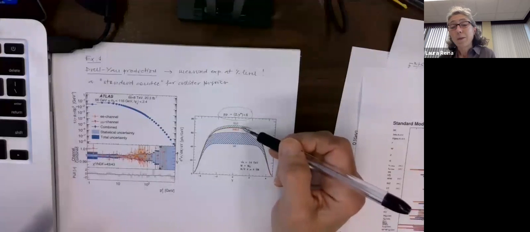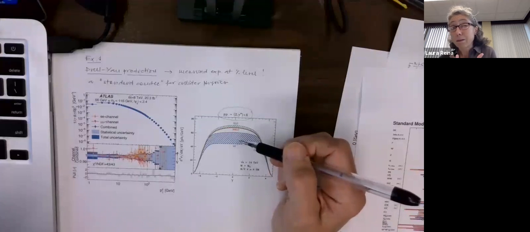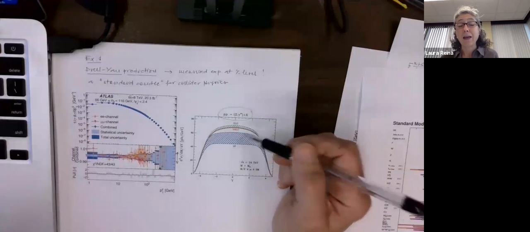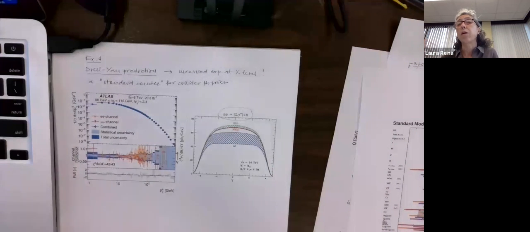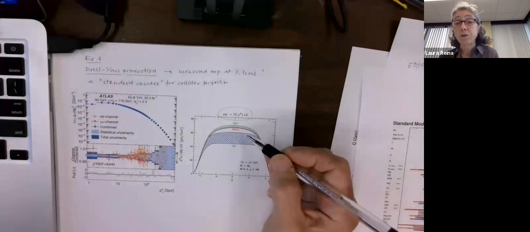And when you see something like this, it's a clear indication of the fact that the perturbative expansion has not stabilized yet, has not, quote unquote, converged, if you want, to that asymptotic value that then will be stable for a long way, much longer than what we need in order to compare to experimental data, and for which you have reached the sort of plateau that you're looking for in your perturbative QCD prediction. So when you see something like this, it is also a signal of the fact that you have to keep going.